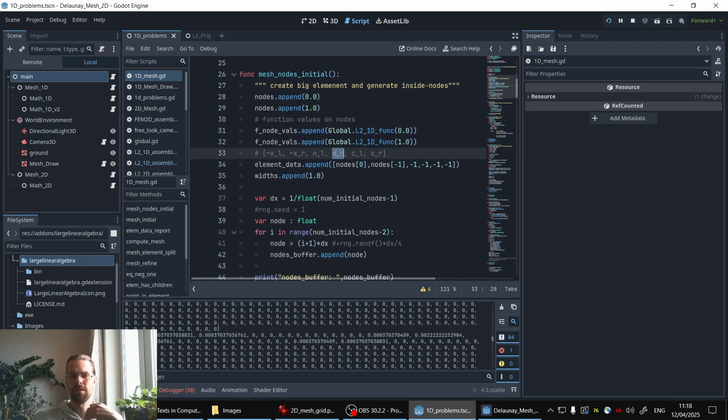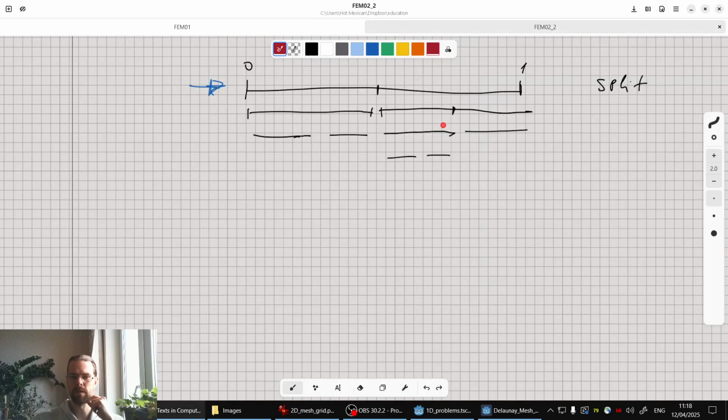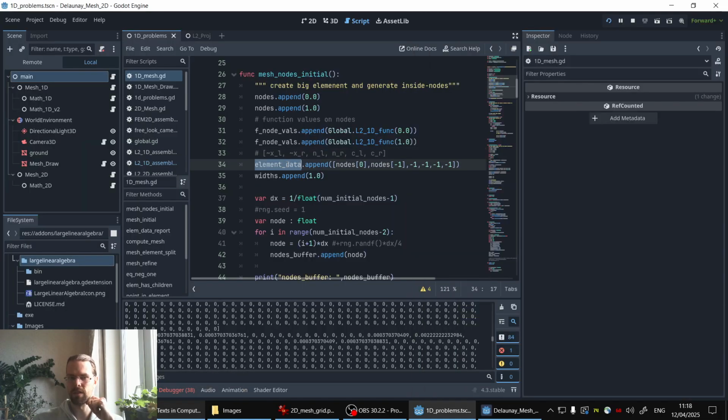And these will be indices in the list of this element data. And what's most important here is also the children, left and right. Once we have split it into left and right, these will be indices in this particular data storage. And additionally, we will store the widths of all elements, just so it's faster and easier to access.